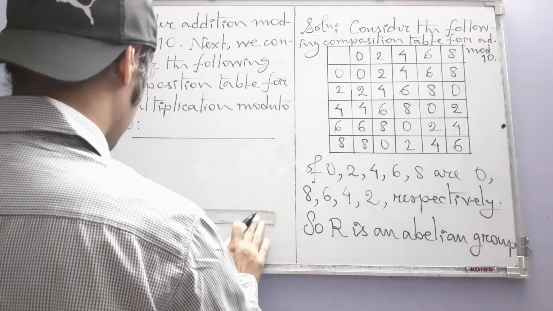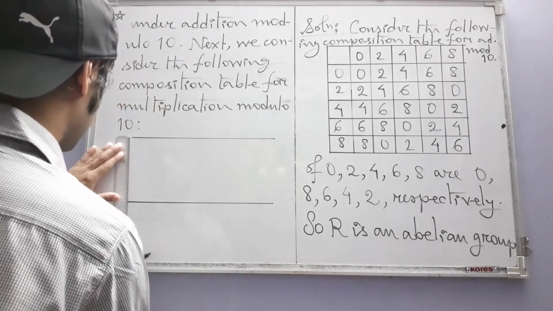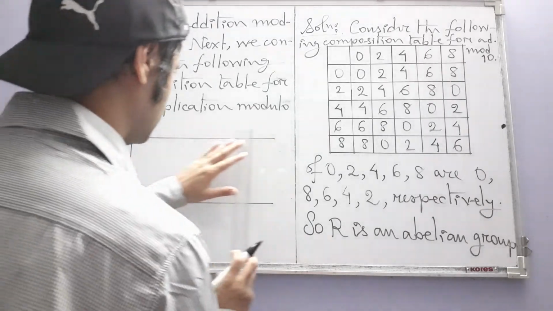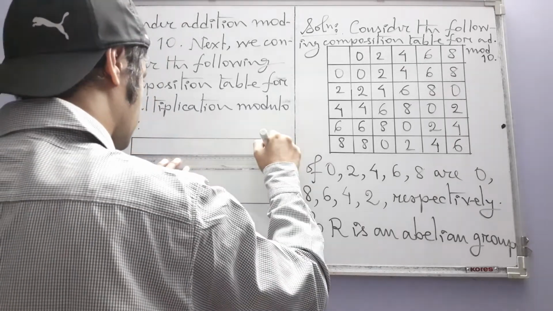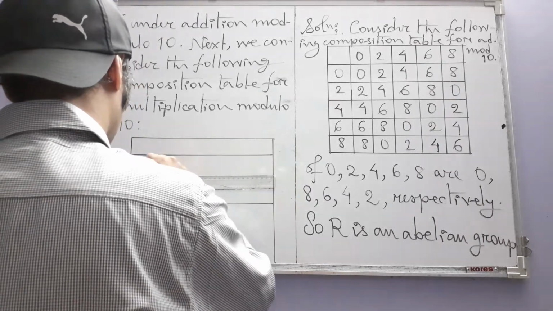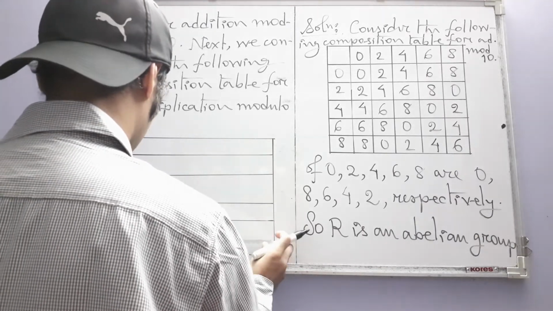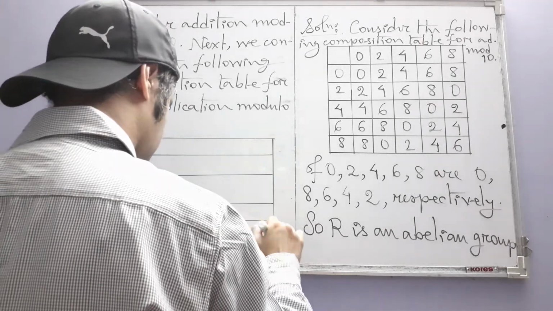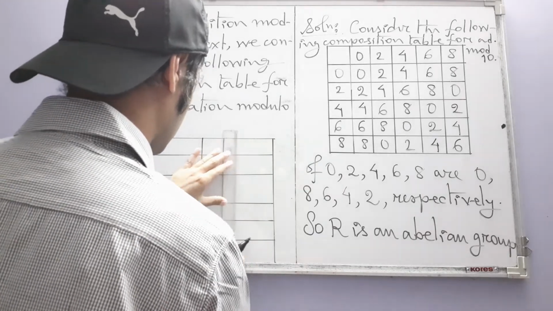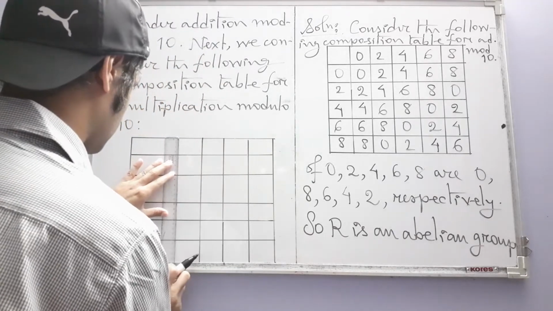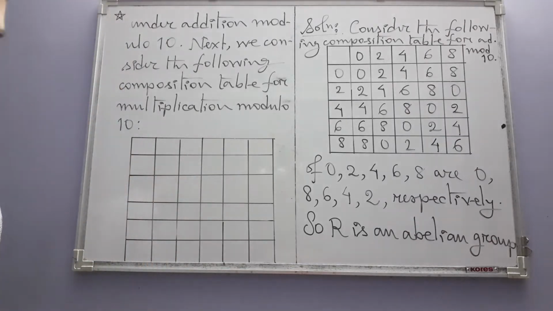Let me just here itself roughly gauge how much space I will need. Okay, so this time multiplication modulo 10.